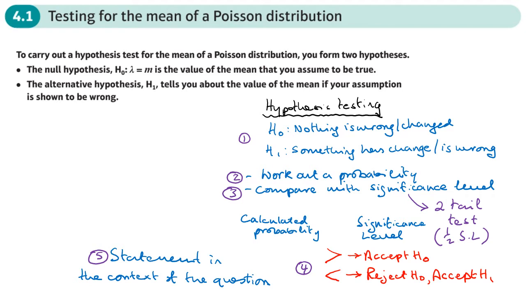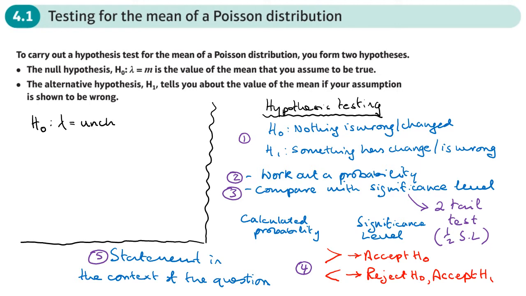Now, because we are looking at a Poisson distribution, H0 is going to be that the mean is unchanged from what we expect it to be. H1 is going to be that the mean is either greater than, less than, or not equal to what we expect it to be.